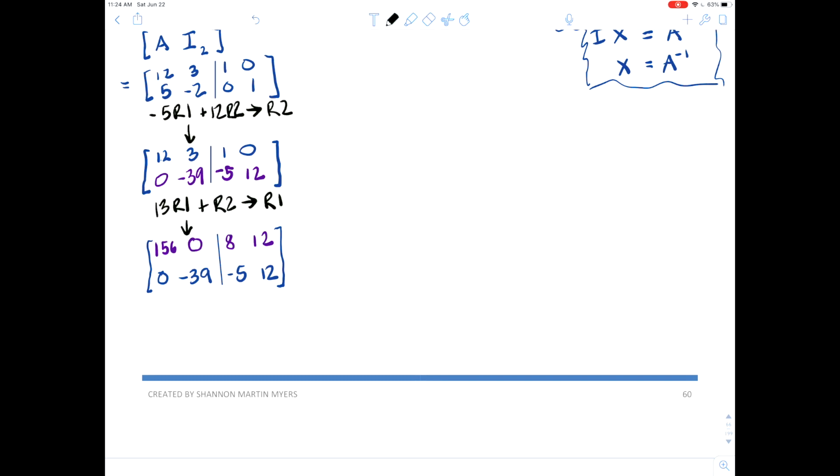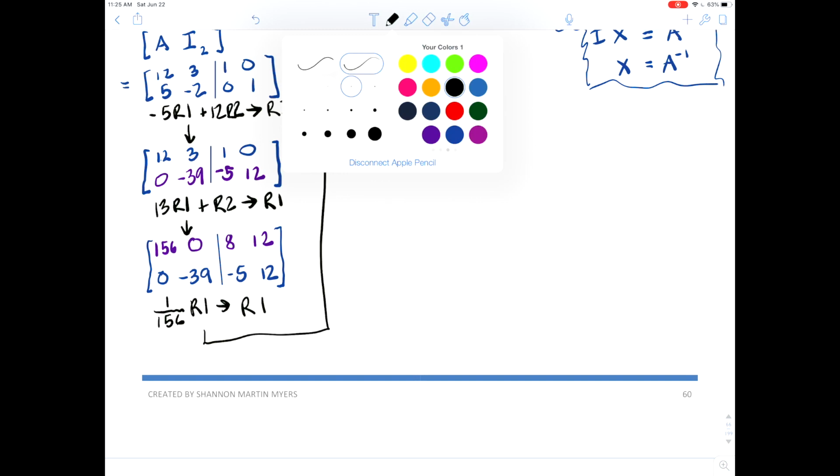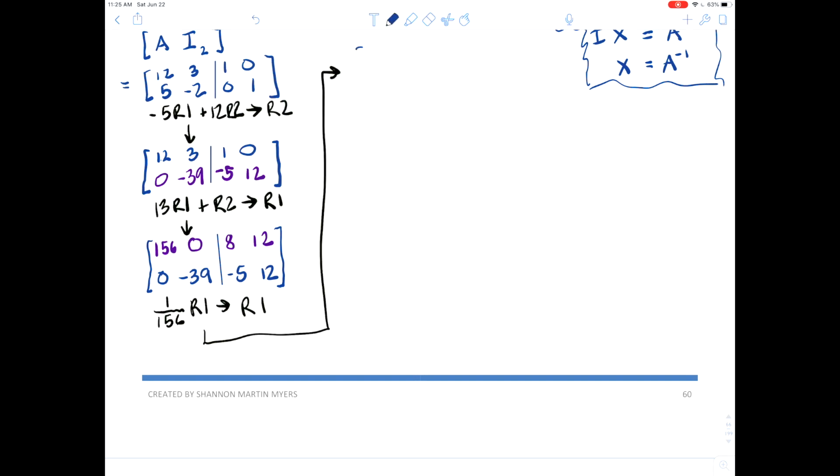So to do so, we're going to multiply row 1 by 1/156th, and that'll be a new row 1. I'll rewrite my row 2.